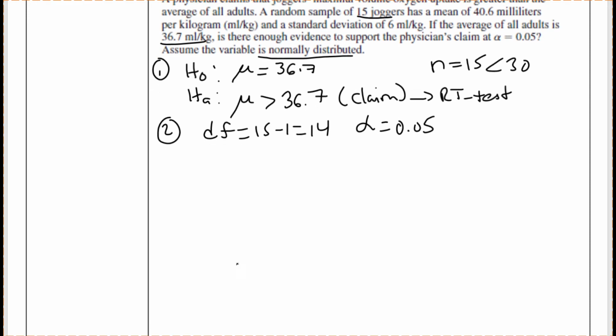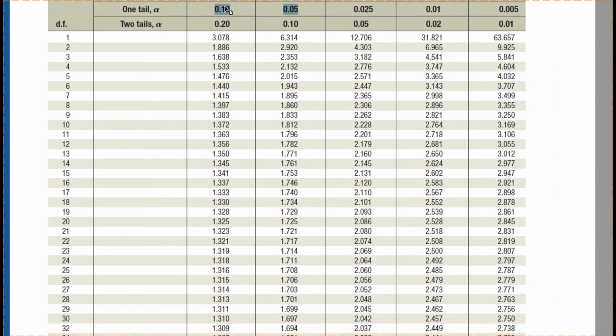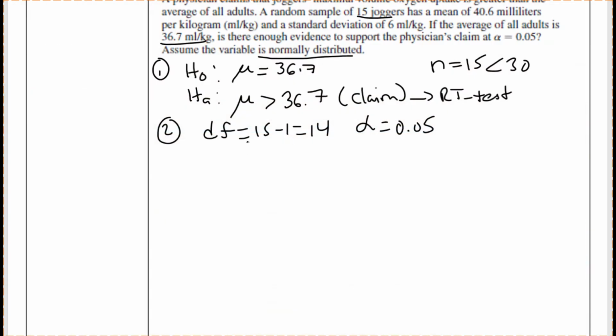So one tail with degree of freedom 14. One tail of 0.05, degree of freedom of 14, so that means 1.761 is our critical value. And since it's a right-tailed test, it's positive 1.761.